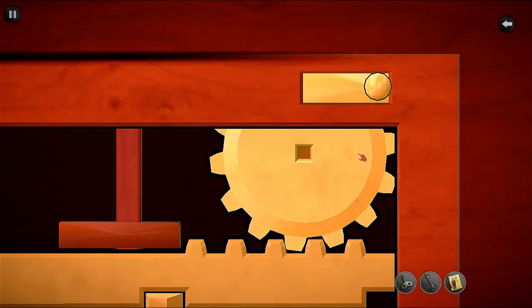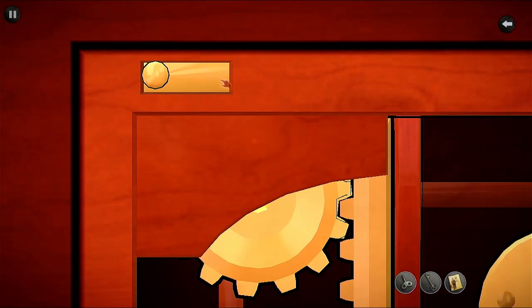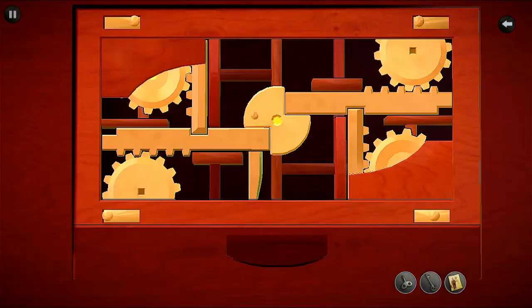Oh. Okay. So I move that to the right. One, two, three. Oh. So that was 3 over.